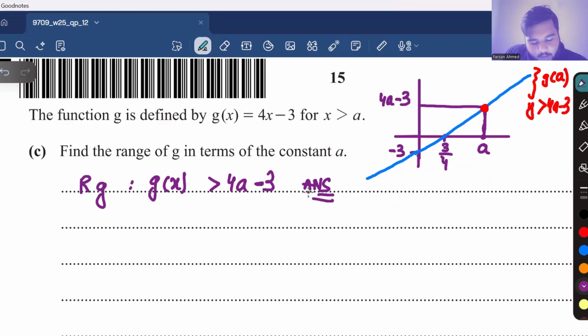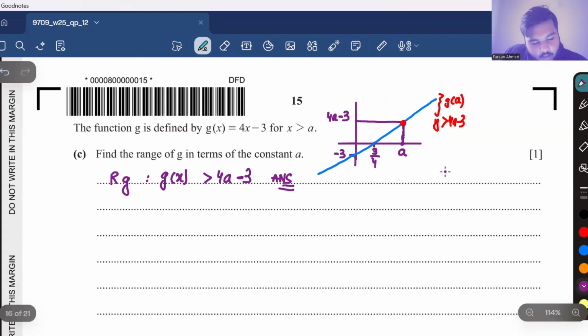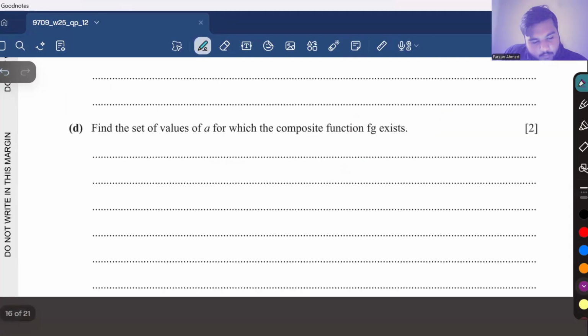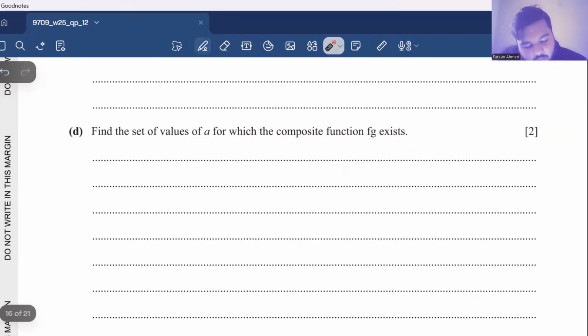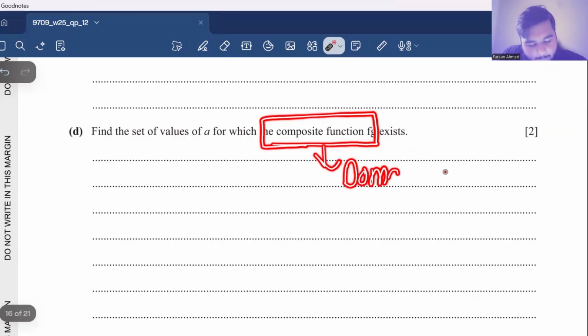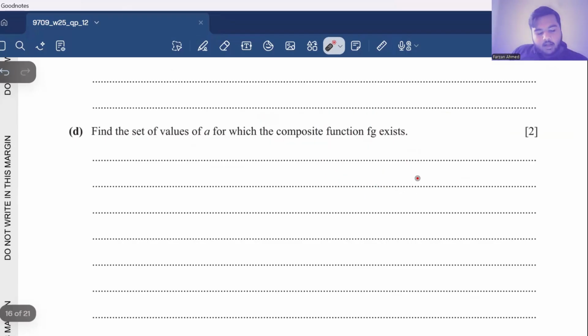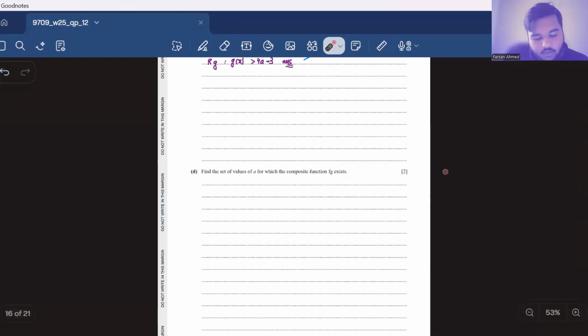Okay, now in part D, they are saying find the set of values of a for which the composite function fg exists. So in composite function, we use the domain of f.